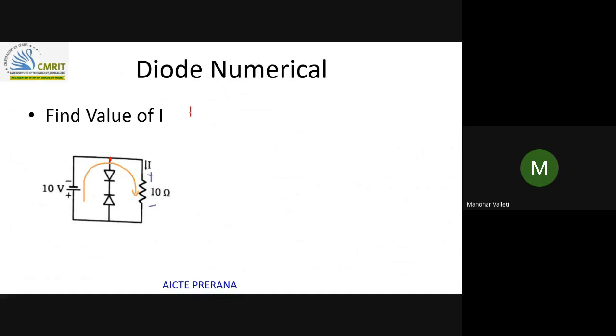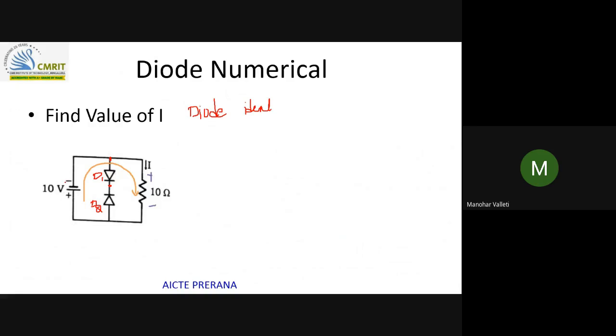Assume that the diodes were ideal. Each and everything is clearly mentioned in the problem. Accordingly, we will go. Diodes were ideal. Ideal means if the anode is at more potential than the cathode, then you can say that the diode is forward biased. And you just see here, this is diode D1 and diode D2.